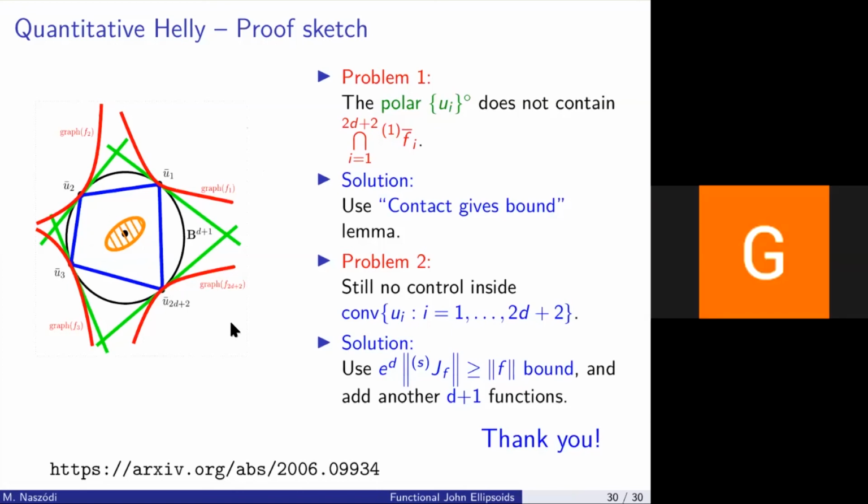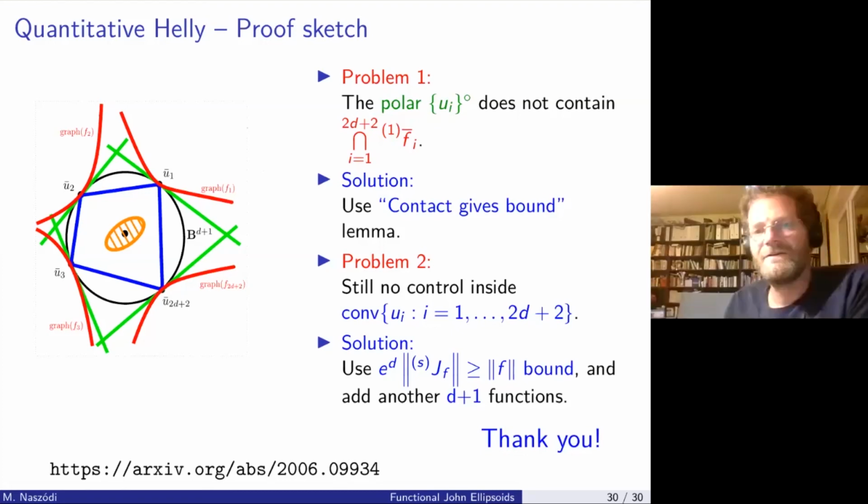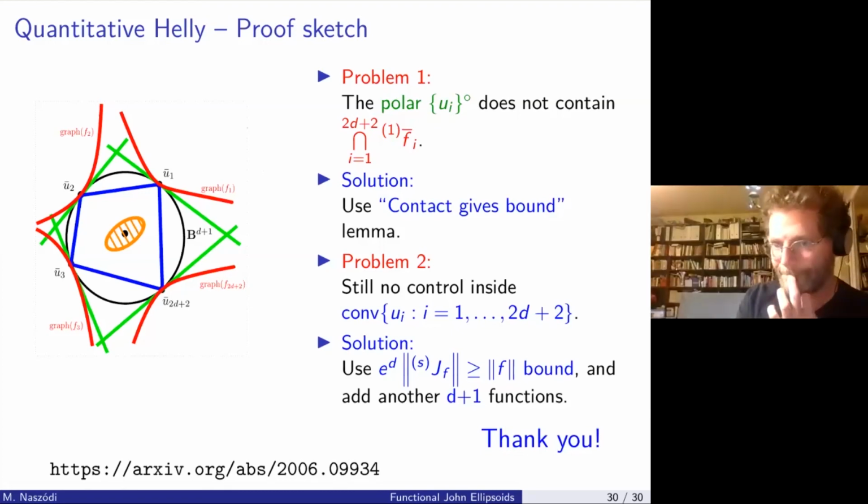Okay, and I want to add another comment about log-concave functions. Why they are so important, not only in convex analysis or asymptotic geometric analysis, is because the log-concave function is a natural limit of several procedures in probability theory, or even quantum mechanics and information theory.